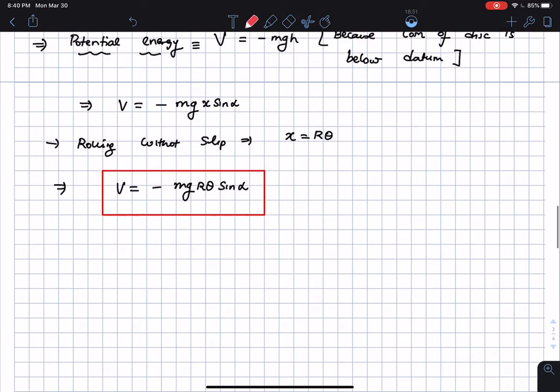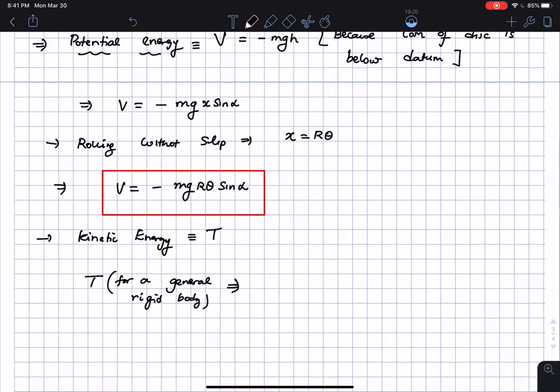Now let's go to the kinetic energy term, capital T. This disk is a rigid body, so T for a general rigid body, we have seen this expression.